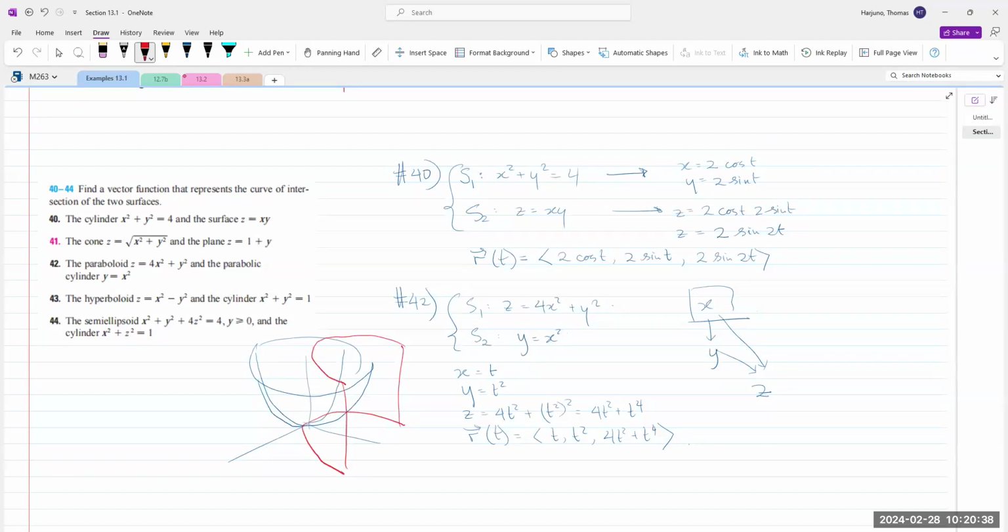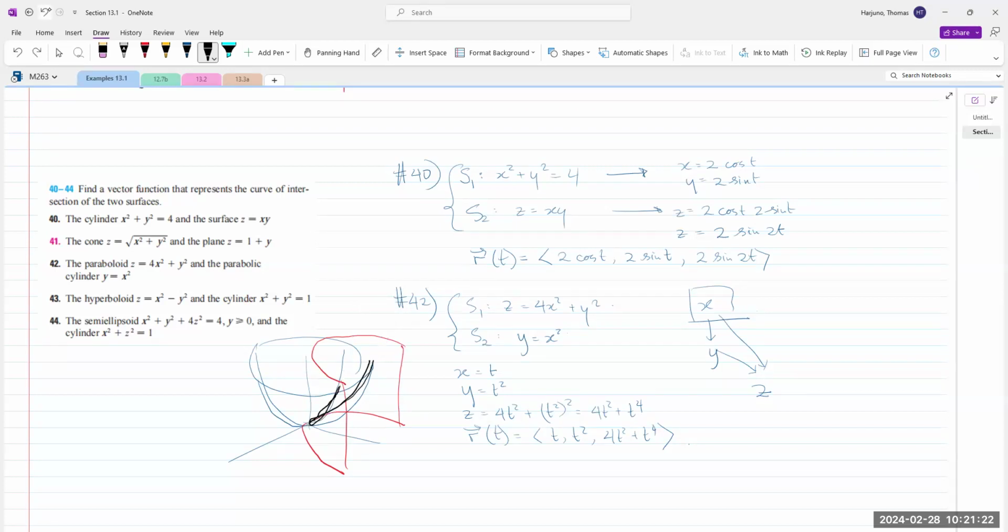Now then the intersection will look like this. You think so? It has to be on the paraboloid, but also has to be on the cylinder. So as t goes from negative infinity, it must be something very high up there, and then it goes down, touches the origin, and then it will go up again.